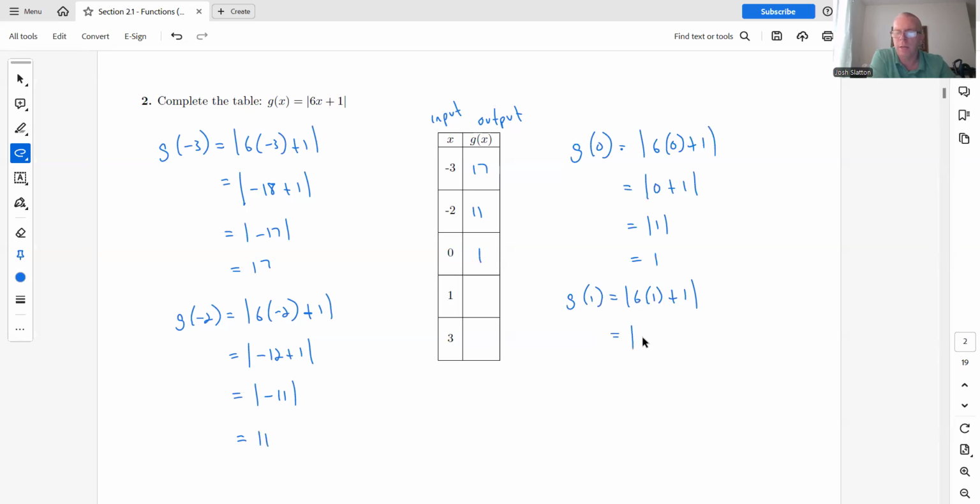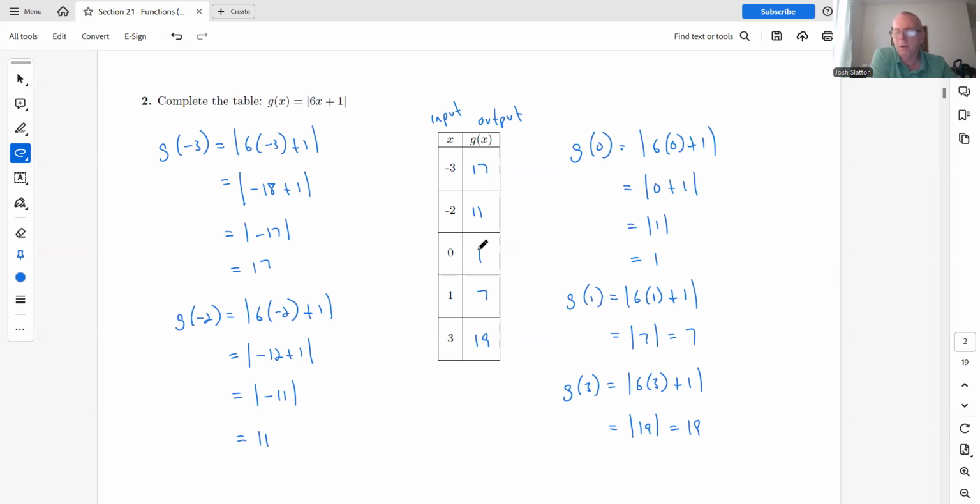So that would be absolute value of 6 plus 1. We'll go ahead and write 7, and then absolute value of 7 is 7. And then g of 3 we have absolute value of 6 times 3 plus 1. And so that would give us 18 plus 1, which is absolute value of 19, which of course is 19. So g of 3 is 19.